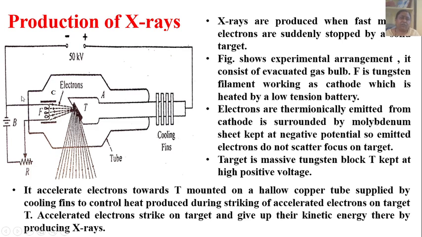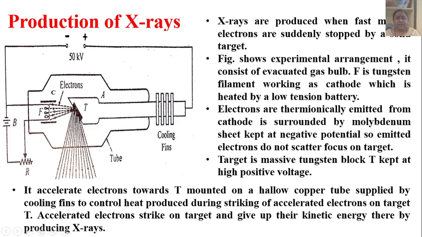And this cathode terminal is also made up of a metal over which we deposit thermosensitive material, and we can use tungsten. And this glass envelope is highly insulated, and it is made up of glass having high melting point, and it is vacuum tight.